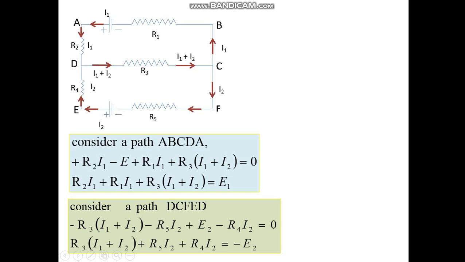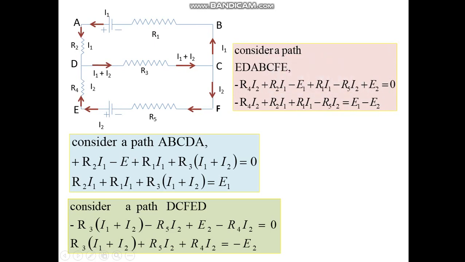Both are going against, so minus, plus E2, minus R4 I2 is equal to 0. Rewriting it, we get R3 into I1 plus I2 plus R5 into I2 plus R4 into I2 is equal to minus E2.